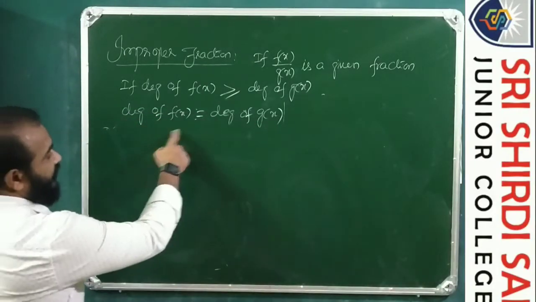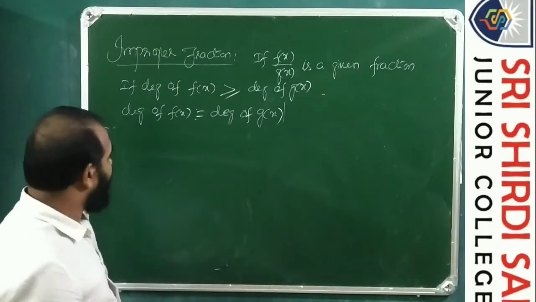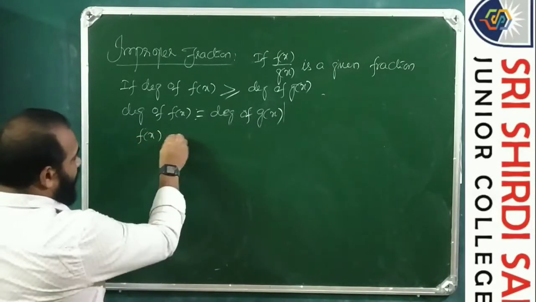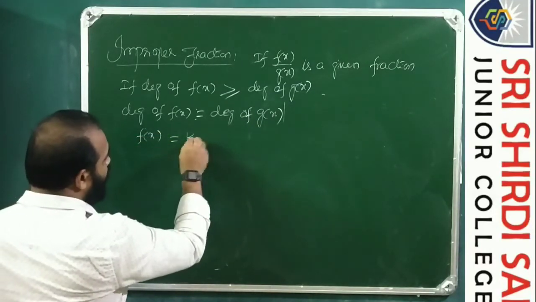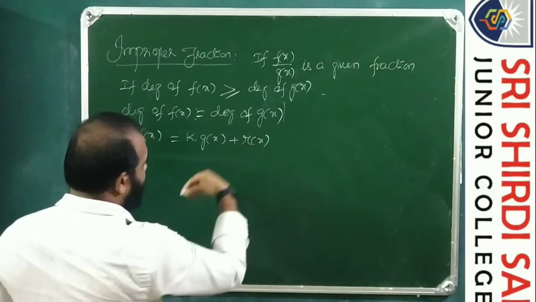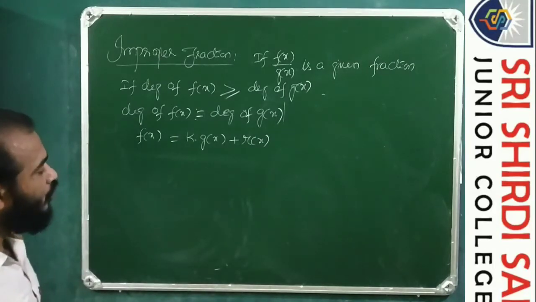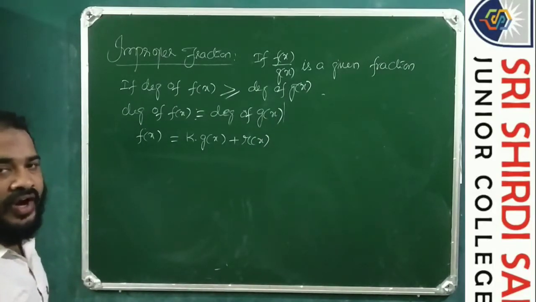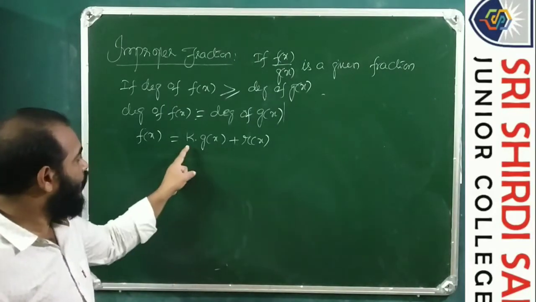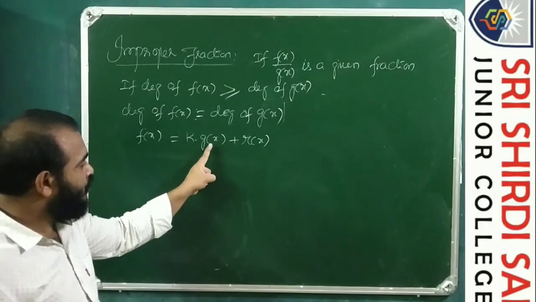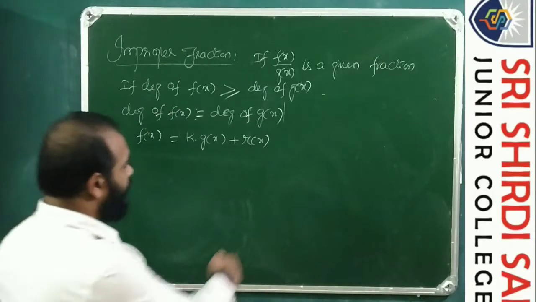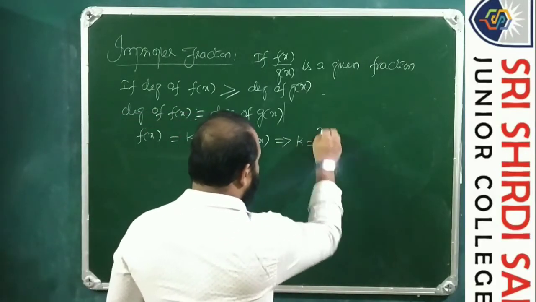So f of x is equal to k into g of x plus r of x, according to the division algorithm. What is this k? K is a constant.